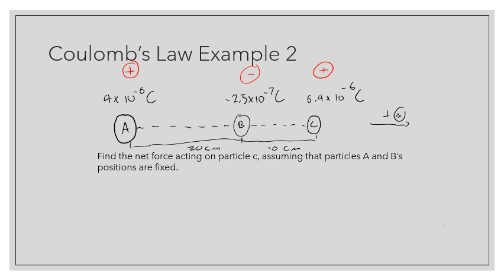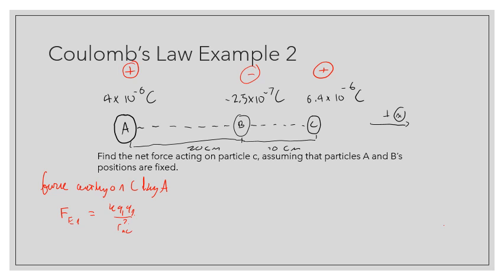First we can start by finding the force acting on C by A. Recall that like charges repel. Both of them are positively charged, so this will be repelling. The direction of this force will be in this direction, which we've already been given in this question. So we will have Fe1 equals kQ1Q2 over r squared.